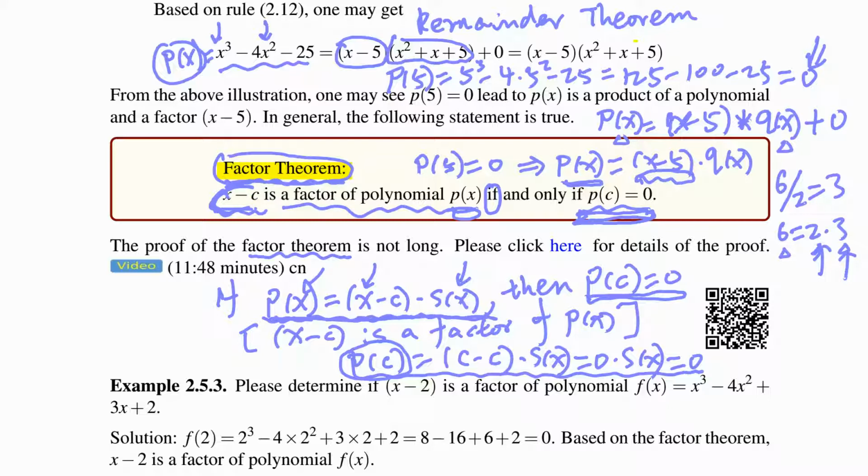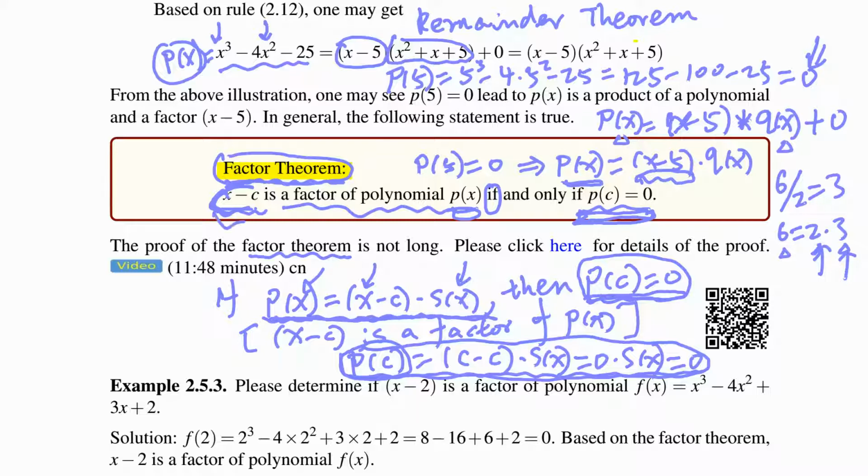Another thing is that if x minus c can be a factor of p of x, then you will have p of c is 0. That's even easier. You plug into here. Okay? You will get p of c is 0. Alright? That's basically what the factor theorem says.